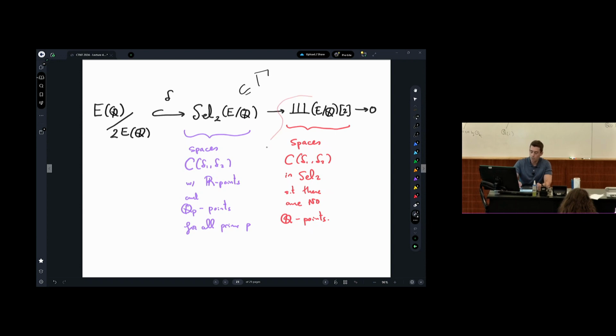And then the problem is why this method sometimes doesn't work: there are some of these spaces that are locally solvable everywhere, so there are Q_p points for every p, but there are no rational points. And that's the difficulty of trying to figure out what the image of that map delta is in here. That's what's called the Tate-Shafarevich group. And you can realize it as these types of homogeneous spaces that are troublesome.